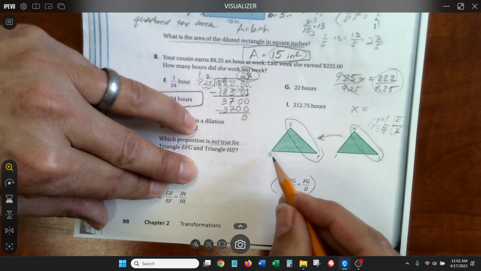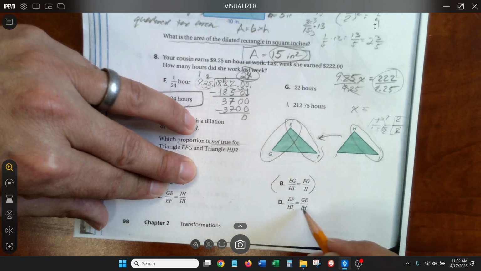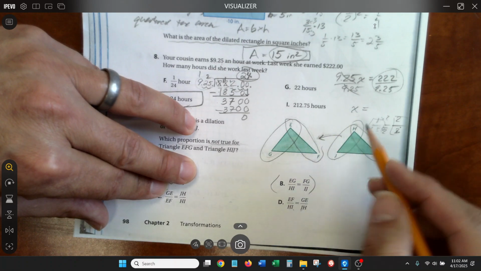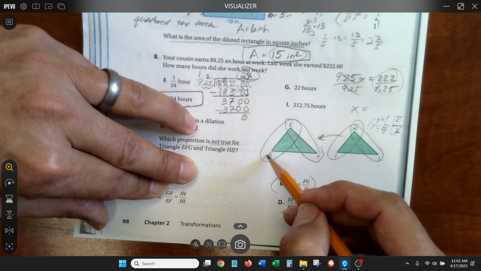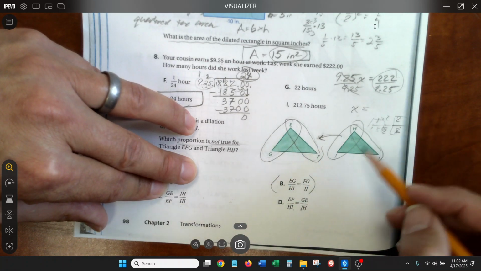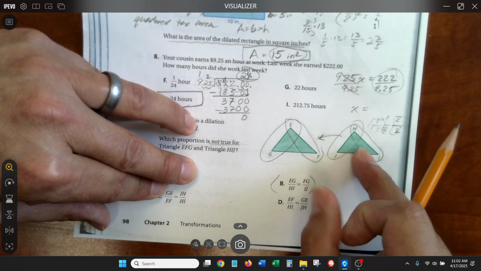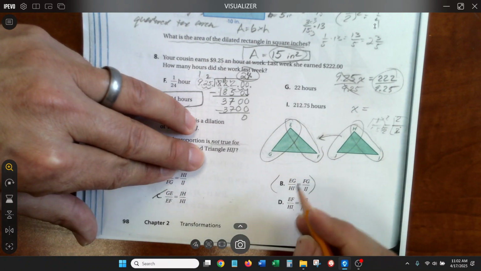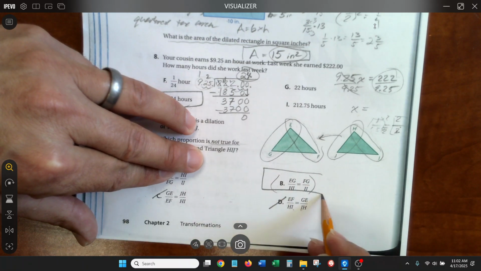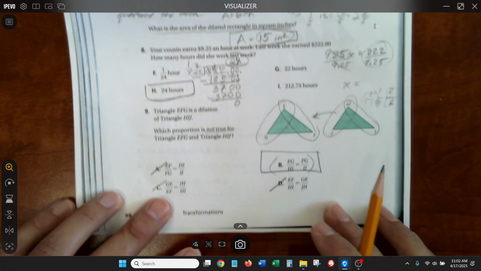To GE, that's left side of the big, large triangle, compared to JH, the left side of the small triangle. Those are corresponding sides, so those ratios should be equal as well, so it's definitely going to be B.